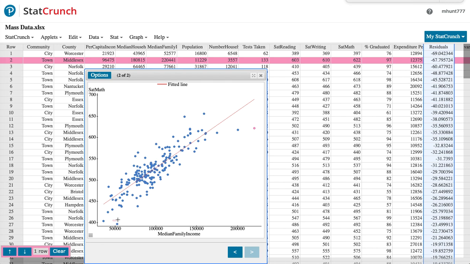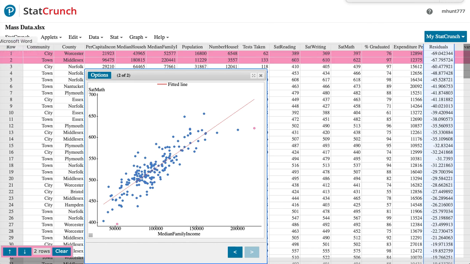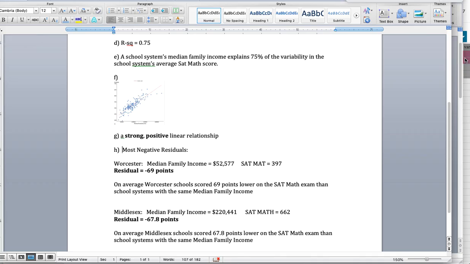If we were to put a little box around this because visually it seems to be very far away from the regression line, there it is, Worcester. So whether you do it visually or you do it by sorting the column of residuals, you get back to the same two cities and towns.